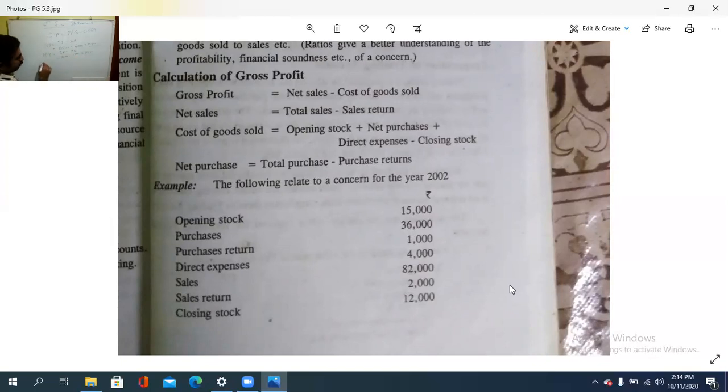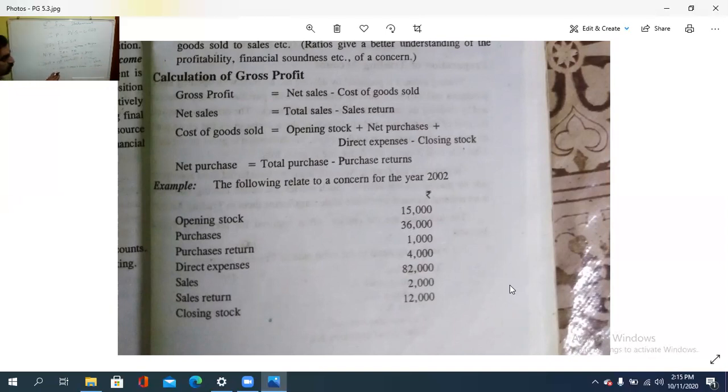Then comes COGS. What is COGS? Opening stock plus purchases, purchase in the sense of net purchases, plus direct expenses minus closing stock. So opening stock is 15,000 plus net purchases, how much? 35,000 plus direct expenses, it is given in the question as 4,000, minus what is the closing stock? 12,000.